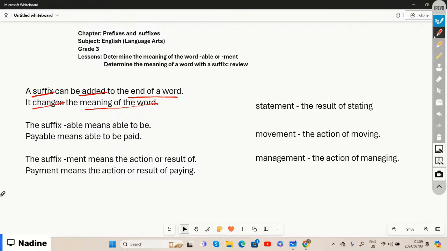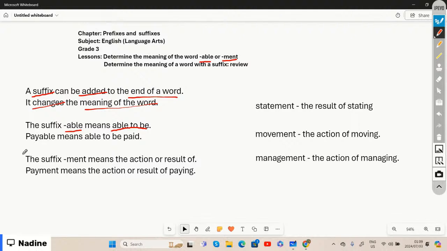And if we look at the suffix able, we said we're going to focus on the suffix able and the suffix ment. So the suffix able means able to be. So whatever word it's added on to, we're going to say that word is able to be.